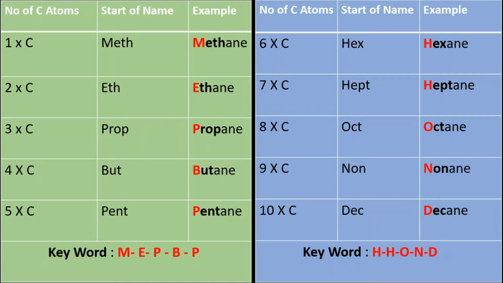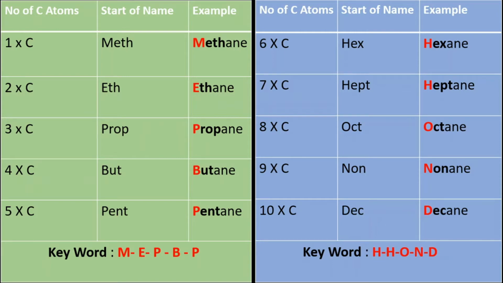Similarly, the word prop is used to indicate the presence of 3 carbon atoms in the organic compound. Like in propane. In propane, the word prop means 3 carbons, and ane means we have single bonds among 3 carbon atoms.